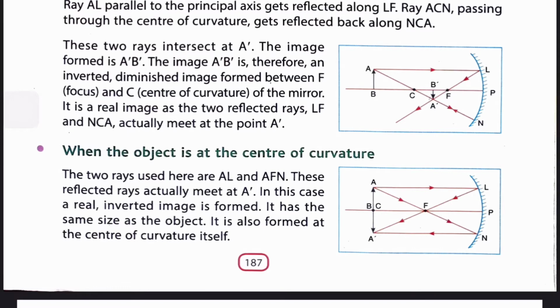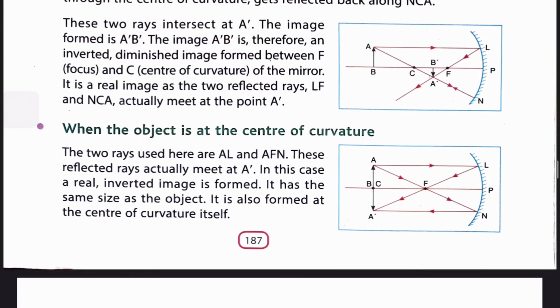The image formed is A'B'. Image A'B' is therefore an inverted, diminished image formed between F, the focus, and C, the center of curvature of the mirror. It is a real image as the two reflected rays LF and NCA actually meet at the point A'.